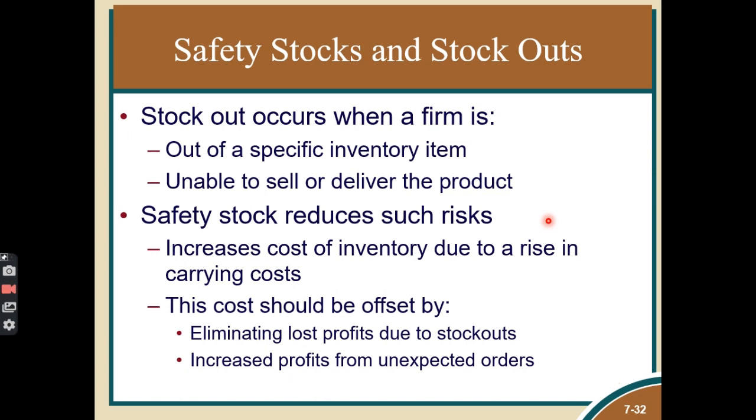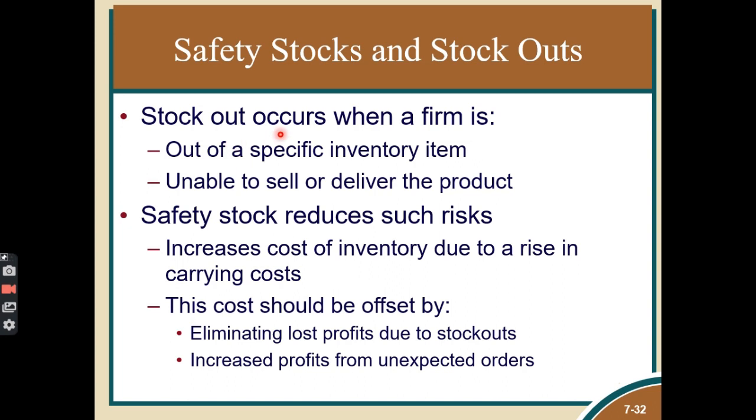Meaning the people want to buy this particular product from your business, but it is out of stock. And second, this also happens when you are unable to sell or deliver the product. So this is what you call stock outs. This is something that we must avoid in the business as much as possible.